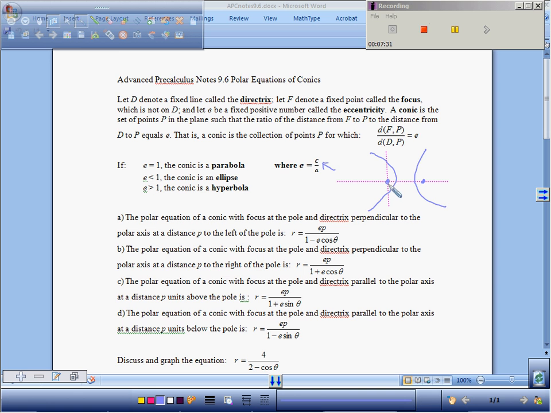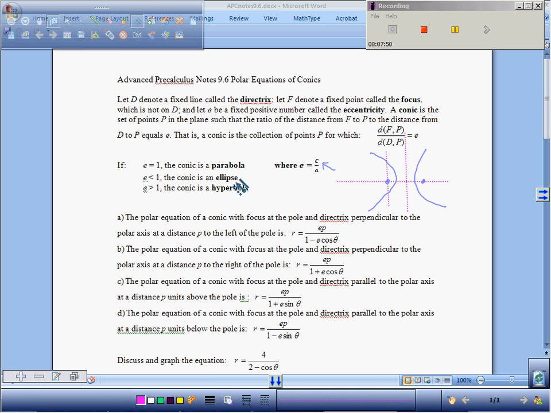But one focus is always at the pole, and in this case, the directrix is somewhere in between these two curves. So it's somewhere in here, and I'm not sure which one it's further from.